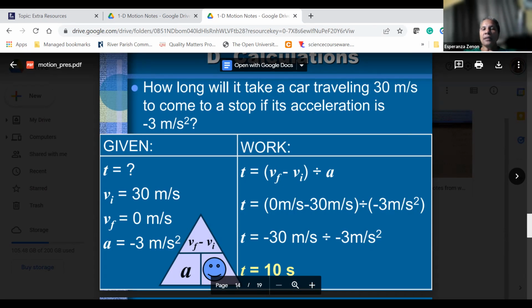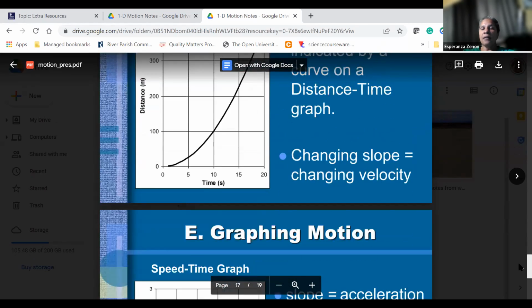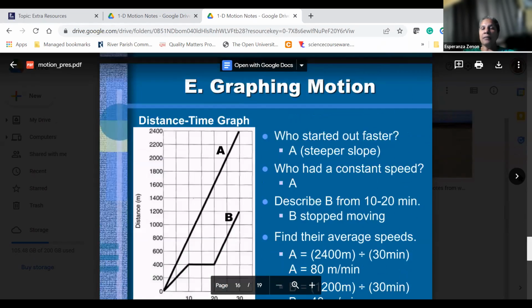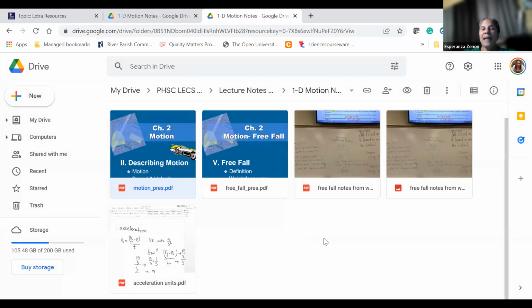So those are some examples. The rest of this packet has a really nice part on graphing, so if I were you, I might take a look at that. Again, I don't mandate that you use these. These are just extra, but I find that the problems they solve do a really good job of breaking down what you are given, what formula or pyramid you're supposed to use, and then showing the math.